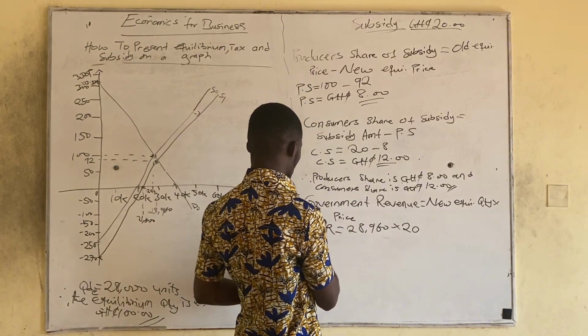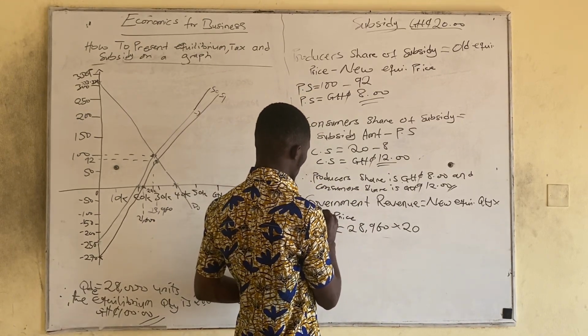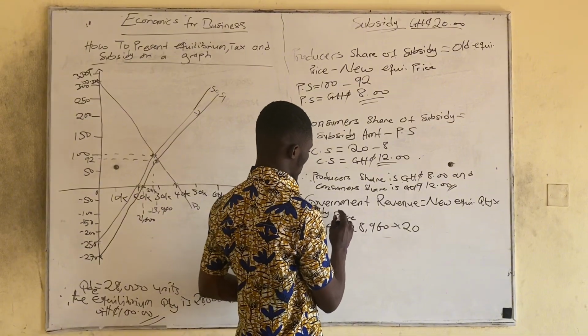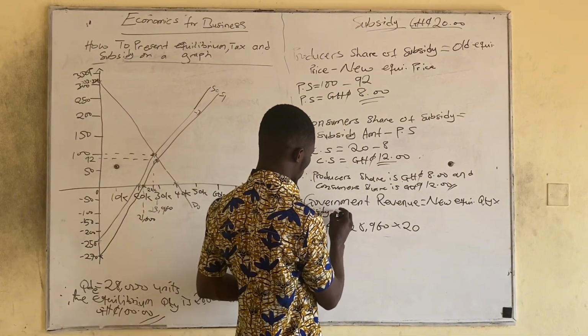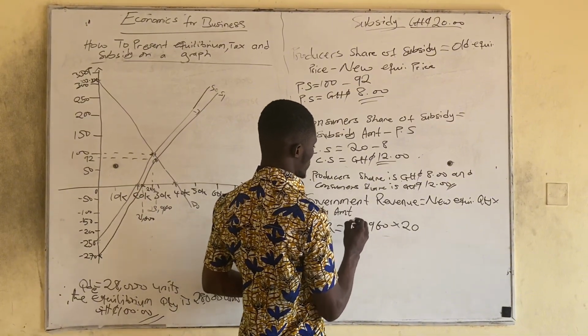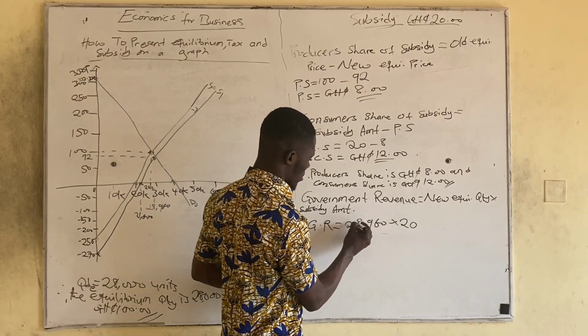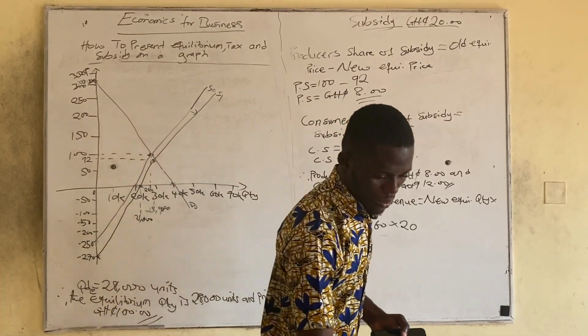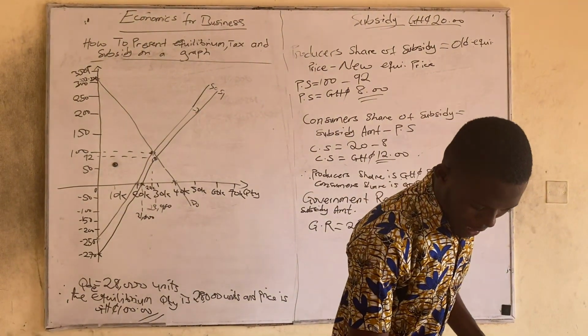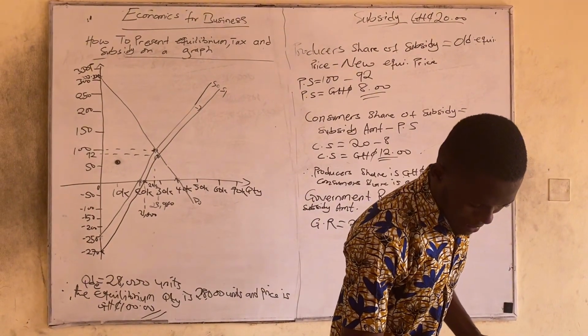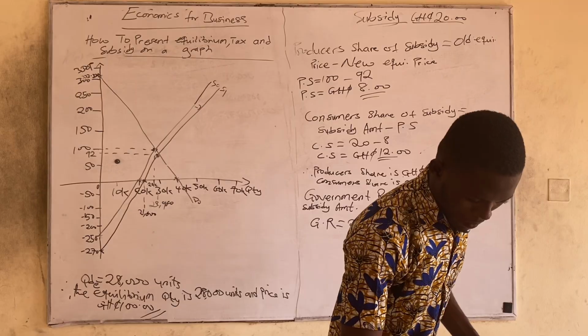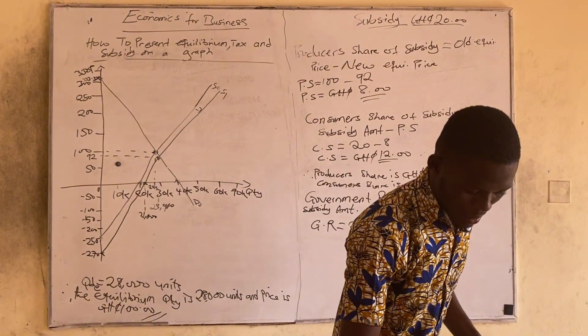So let me make it subsidy amount, I think this will be better. So let's punch this on the calculator: 28,960 by 20 cedis.